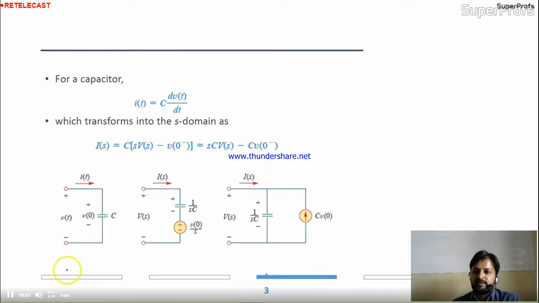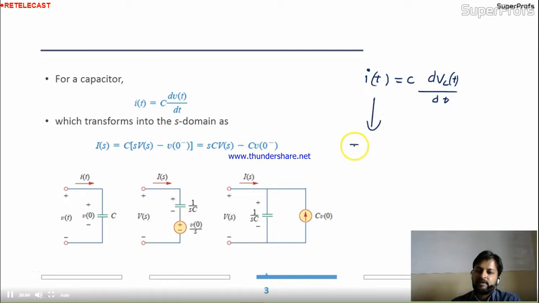Come to the capacitor now. For the capacitor, we know the relation i(t) is nothing but C dv_C(t)/dt. Again, we take the Laplace transform. It will become I(s) equals C as it is, times sV(s) minus the initial value.